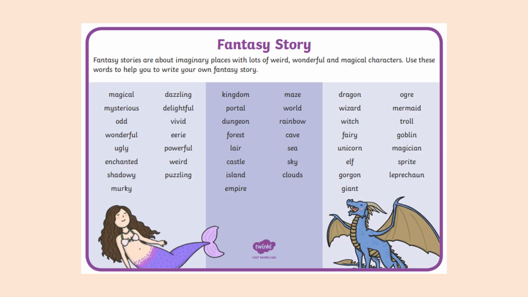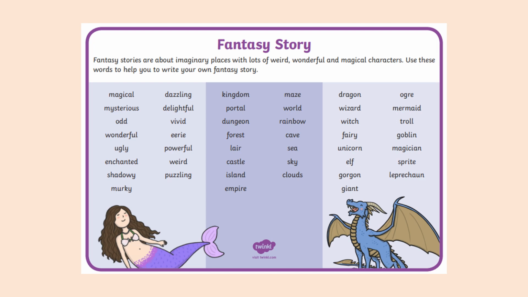And over here, you have a word bank that you can use in your writing. It depends on if there's any witches or wizards, you can use those words. Just depends on what adventure Gabby goes on, so you can make it up, get as creative as you want. Fantasy stories are about imaginary places with lots of weird, wonderful and magical characters.